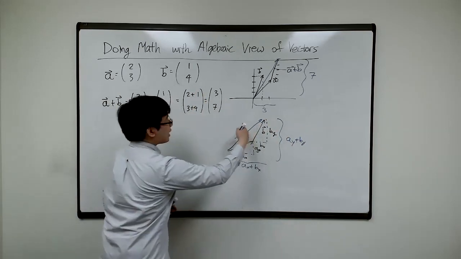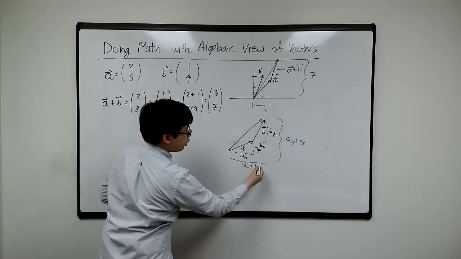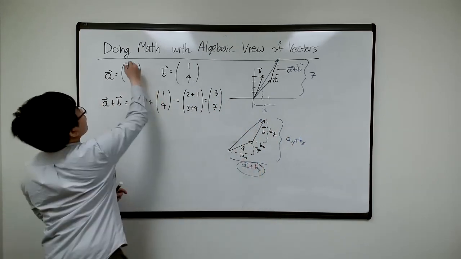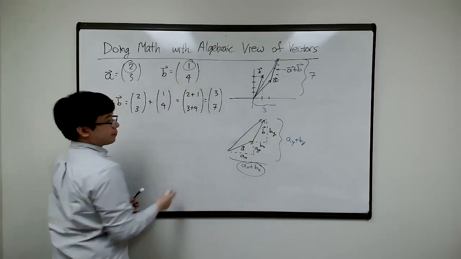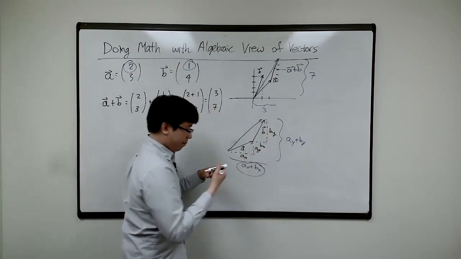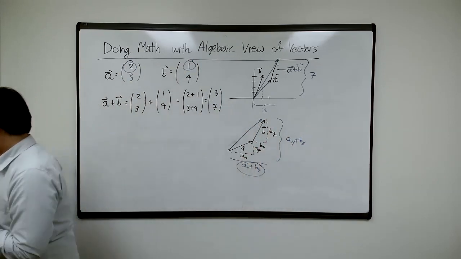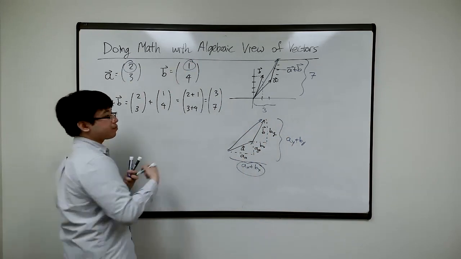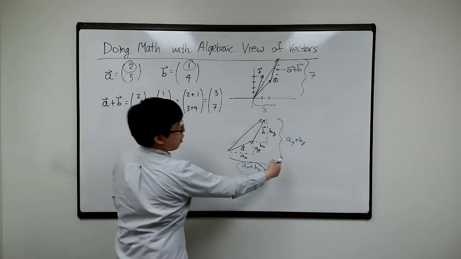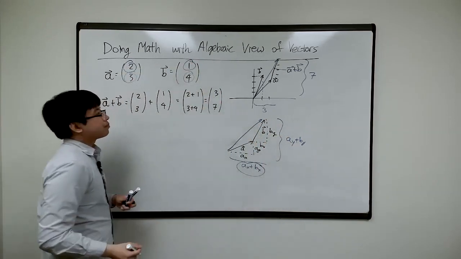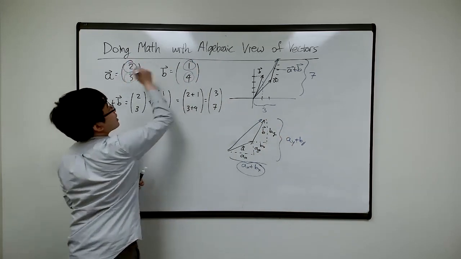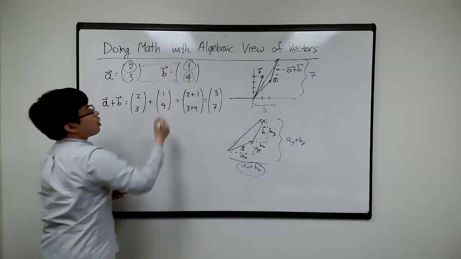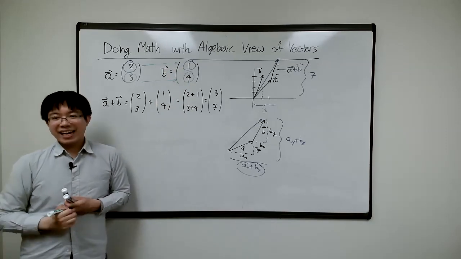So the X component over here would just be the summation of AX plus BX, and the Y component over there would just be the summation of AY plus BY. So you can directly just sum them straight across like this.